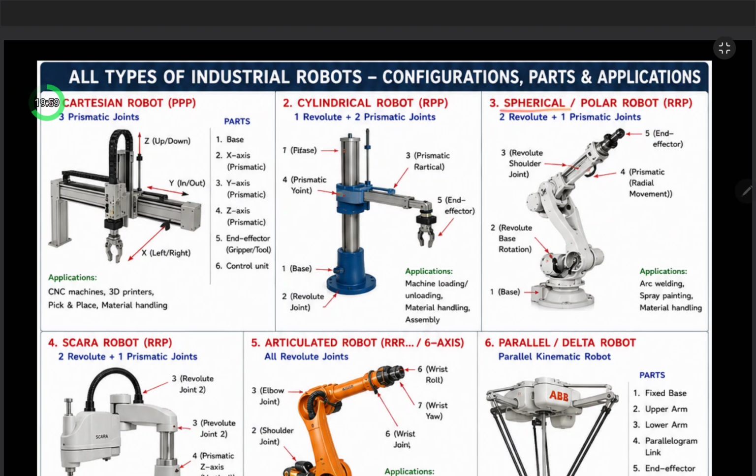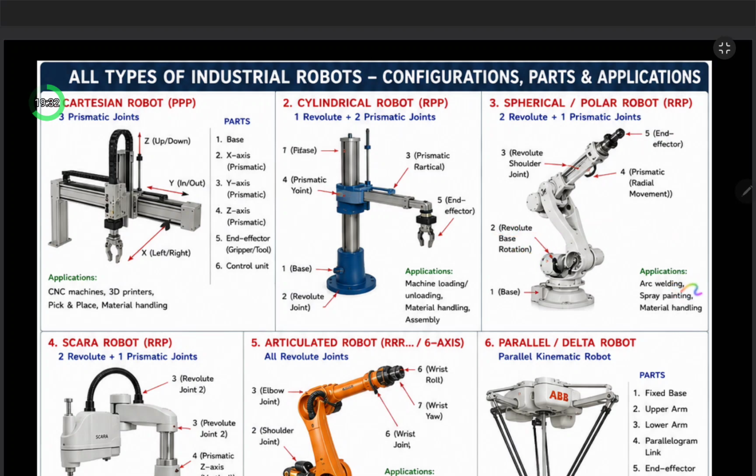So now the spherical or polar robot, RRP: revolute plus one prismatic joint. The revolute shoulder joint is there, the end effector is here, and the prismatic gives radial movement. Then the revolute gives base rotation.